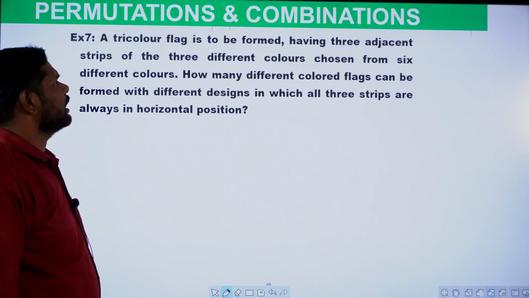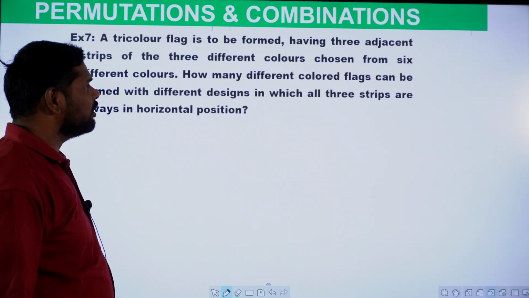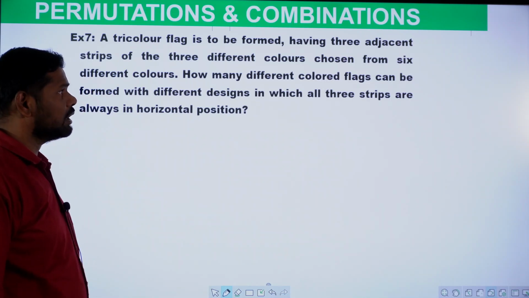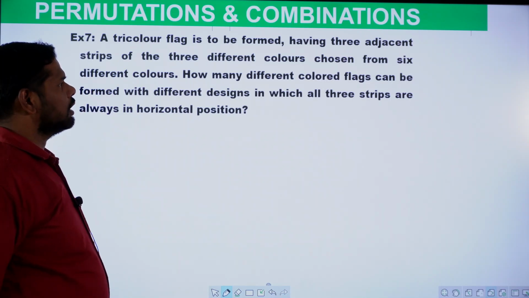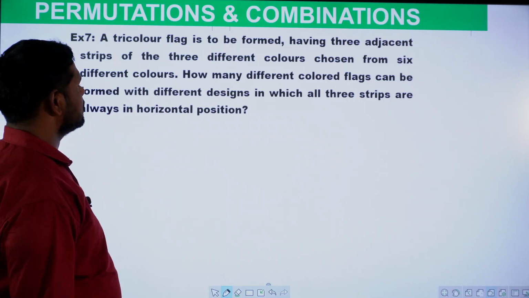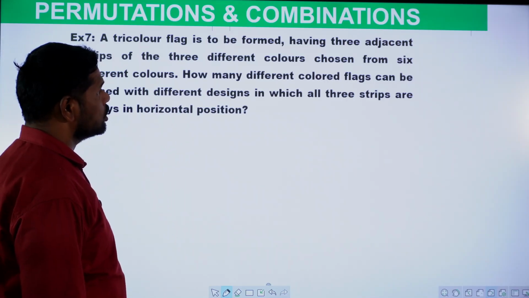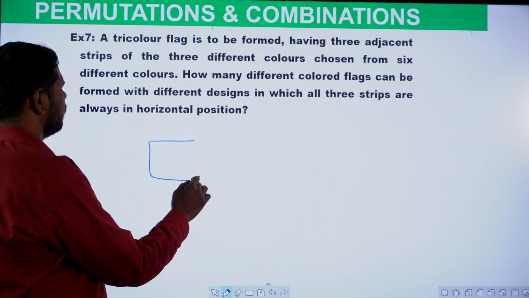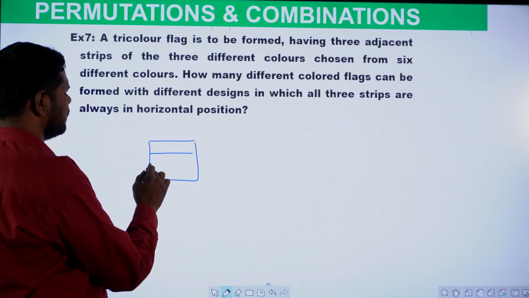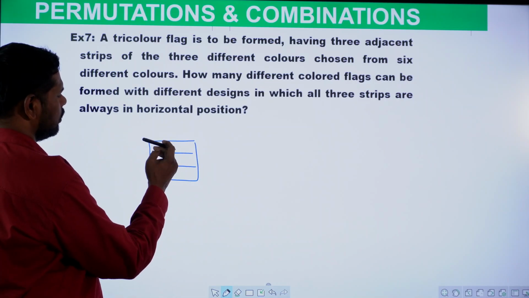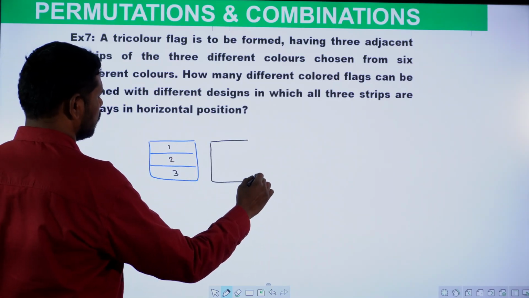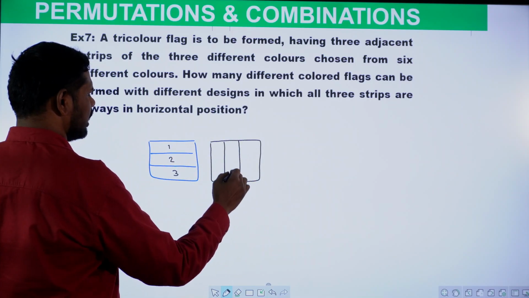Next. A tricolor flag is to be formed having 3 adjacent strips of 3 different colors, chosen from 6 different colors. So, tricolor flag, 3 strips means 1, 2, 3, or maybe not only horizontal, vertical also possible.